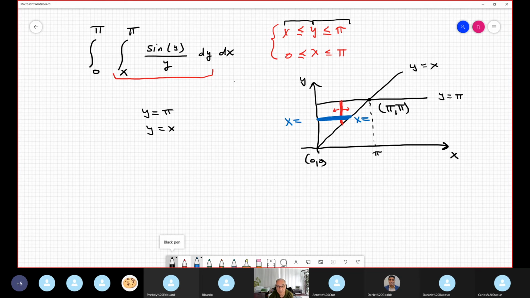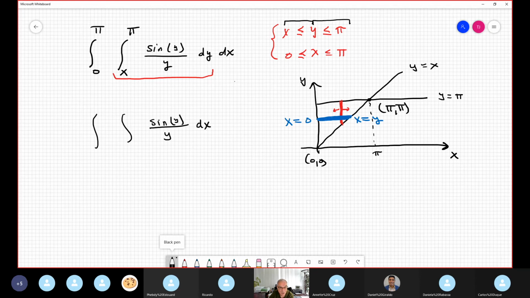Okay, so x initial is 0, it's obvious. x final is y. And why? Because it stops at the line y equals x, no? So my double integral so far is a double integral of the function that is horrible, with no antiderivative.